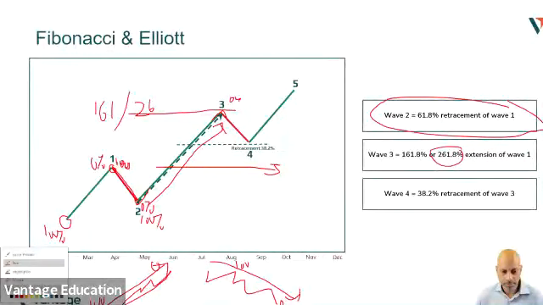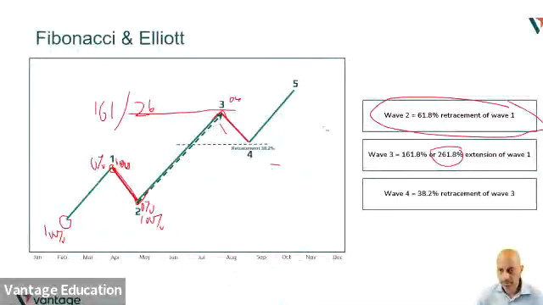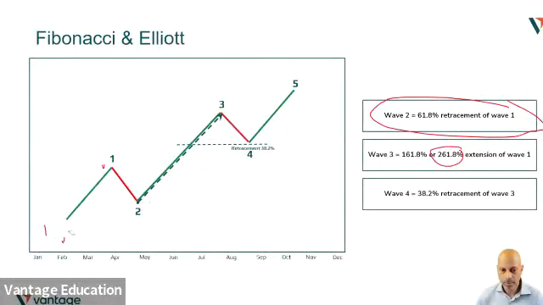Let me just tidy things up so that it's clearer. Right, so wave 1 is here, right? So you draw 100%, you start the Fibonacci retracement from here, ending point here. So you get 100% here, 0% here.